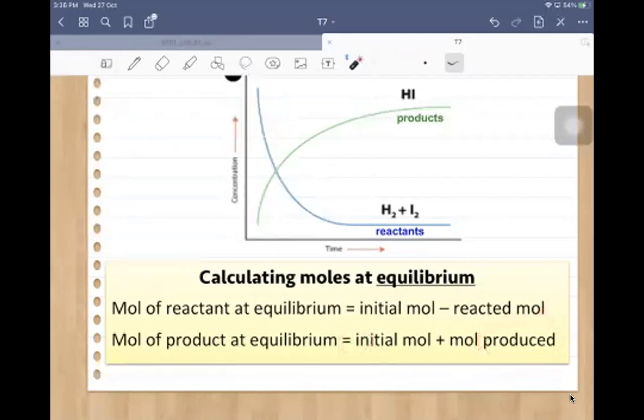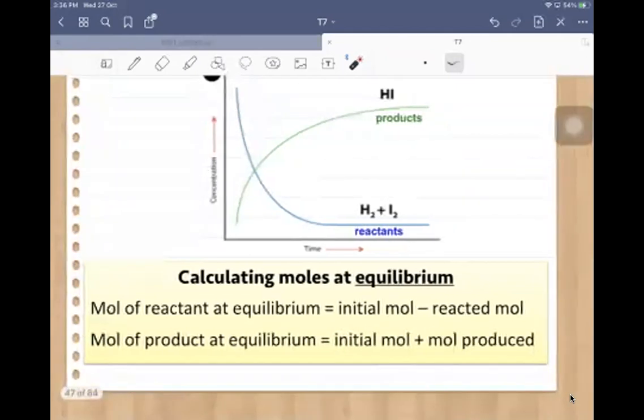The difference between these two is in the minus and the plus sign, because obviously if you started with initial 0 moles of product, you cannot minus anything from it, otherwise you will get a negative number. So for products that are 0 at the start, you would have to add how much products you have formed, and at equilibrium would be the sum of that. Whereas the reactants, it's the opposite. You take the initial minus how much has reacted.